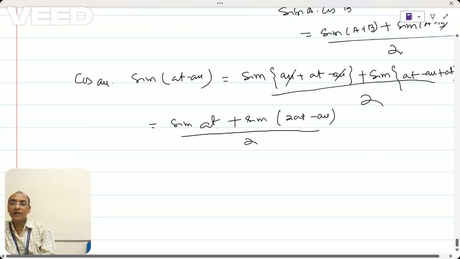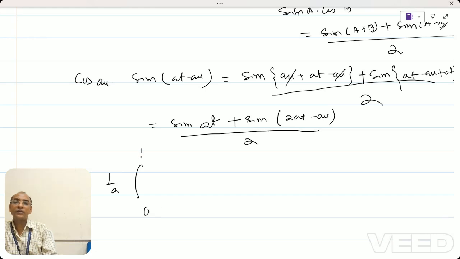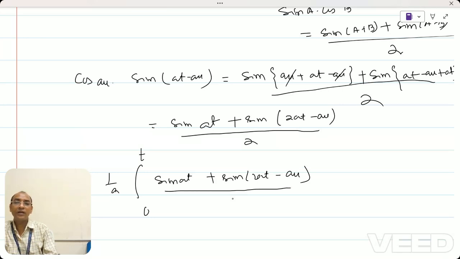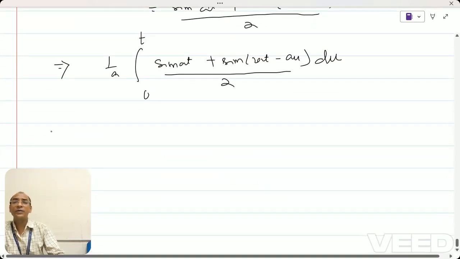So that implies 1 by a integration 0 to t of (sin at plus sin(2at minus au)) divided by 2 into du. Now you simplify it.